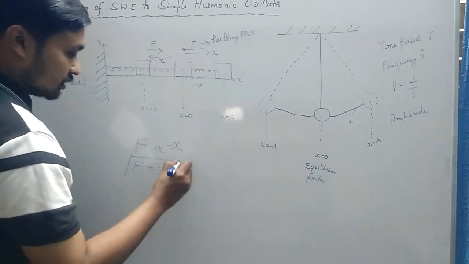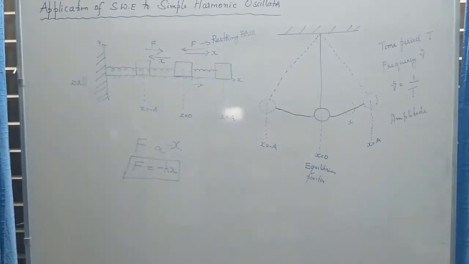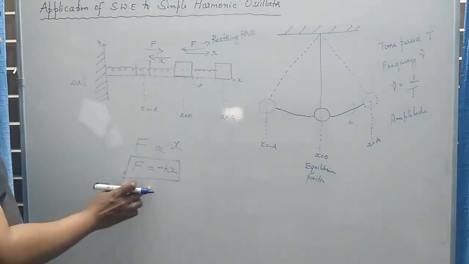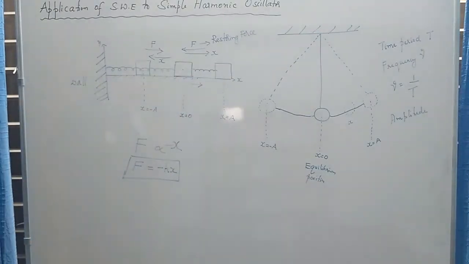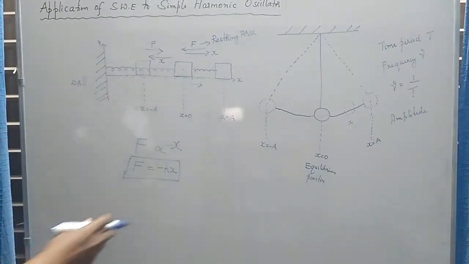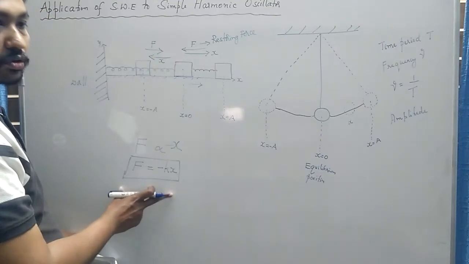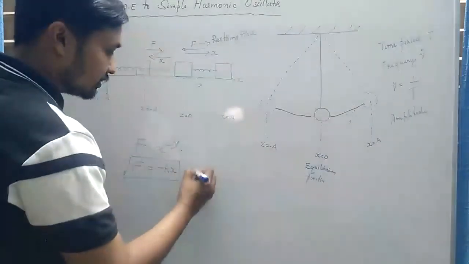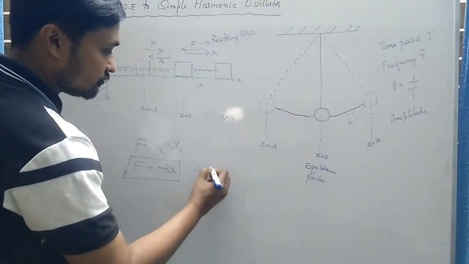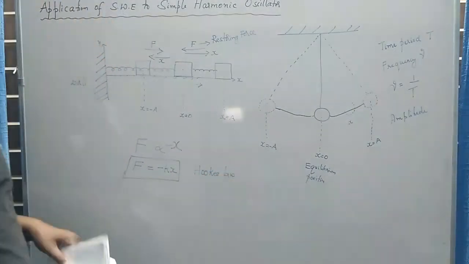So the motion of particles which obey this mathematical condition is called simple harmonic motion. And this condition, which is known as a law, is called Hooke's law.